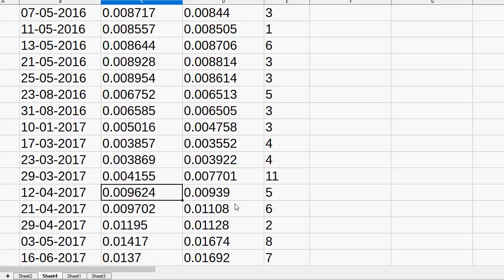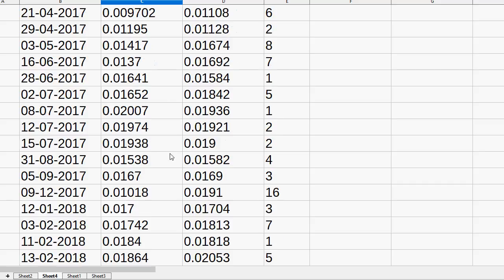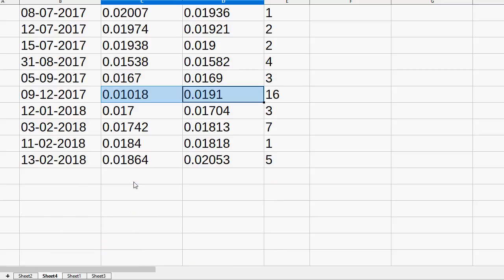And then, of course, there was the rally that just took place, the big phenomenal one. This is on December the 9th. Big gains.